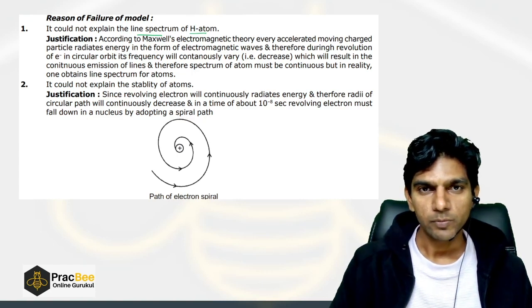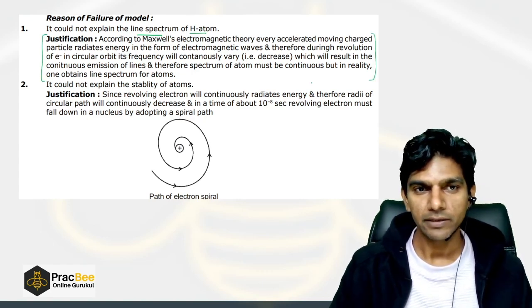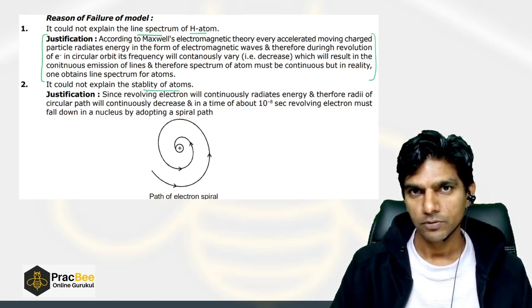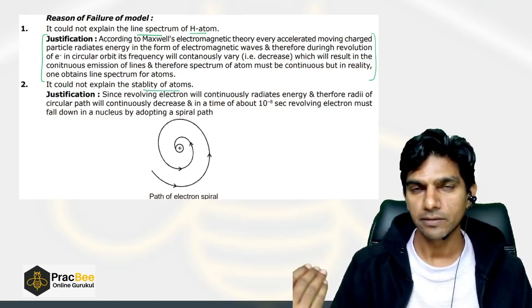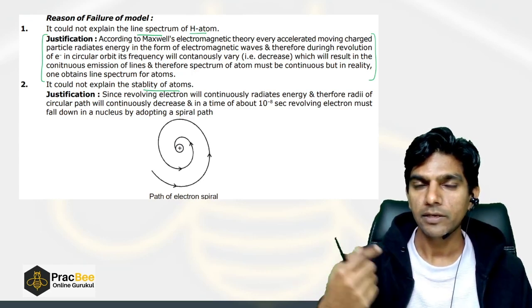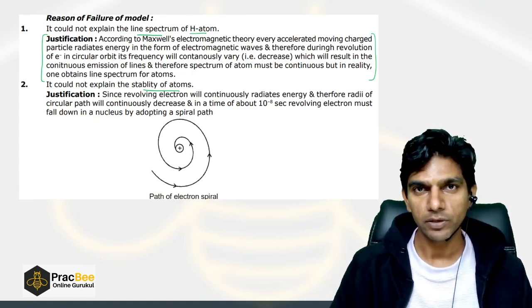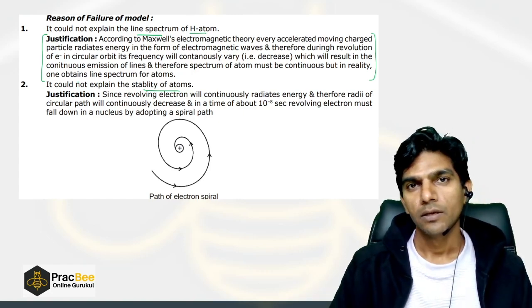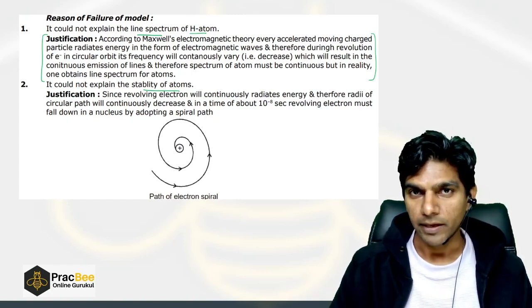So it was not able to explain that. If you want to go through the justifications, read this, you will get the idea. I'm not going into that detail. It also could not explain the stability of the atom. Again, if the electron is radiating energy, it will lose energy and ultimately fall onto the nucleus, but we know atoms are stable. So these two important phenomena Rutherford's model was not able to explain.